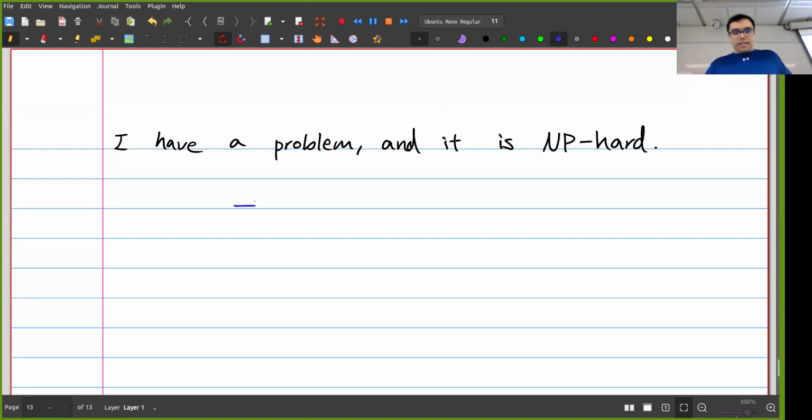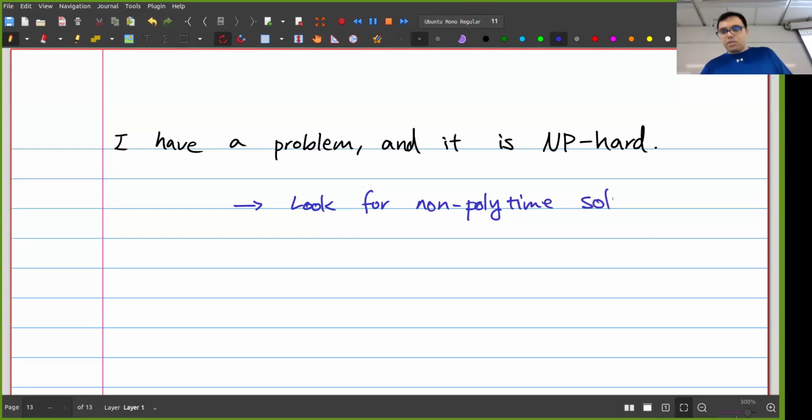So the next steps, and these are the steps that you will take in 5711, are to look for non-polynomial time solutions. So maybe you find a solution that takes exponential time, but it's still manageable for the real world use cases. Maybe the real world use cases are so small that you can solve them even with an exponential time. But we also have other tricks.